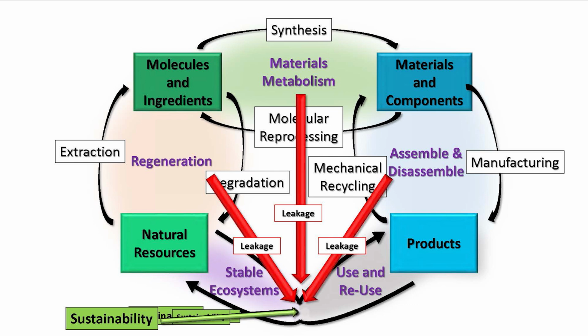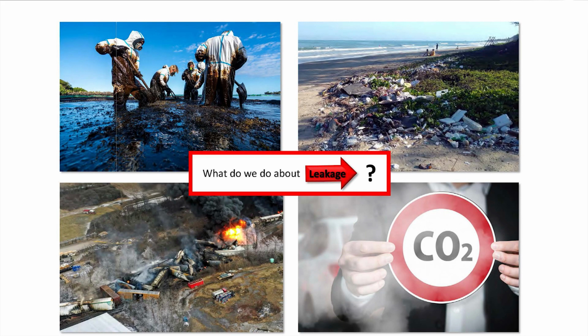So when people put these plots together, oh, this is our life cycle analysis plan, they very rarely, if ever, say, every once in a while we'll have an oil spill, and once in a while we'll have plastics in the ocean, or train wrecks with toxic emissions, or CO2 in the atmosphere. We have a moral and ethical responsibility and a commercial opportunity to address these issues.